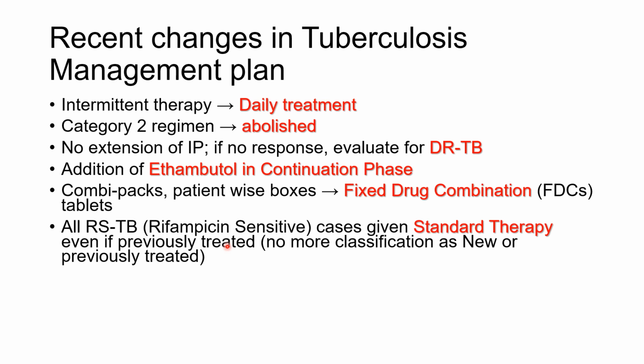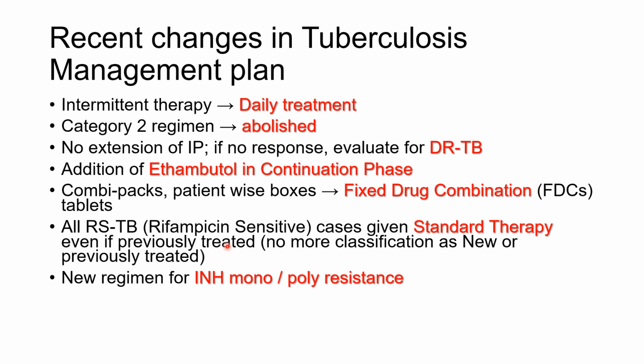And the treatment used to be different for both scenarios. But now, new or previously treated doesn't matter. If it is rifampicin sensitive, it is treated as drug sensitive tuberculosis and given standard therapy. If it is rifampicin resistant, it is treated as drug resistant tuberculosis and given the therapy available for drug resistant tuberculosis.